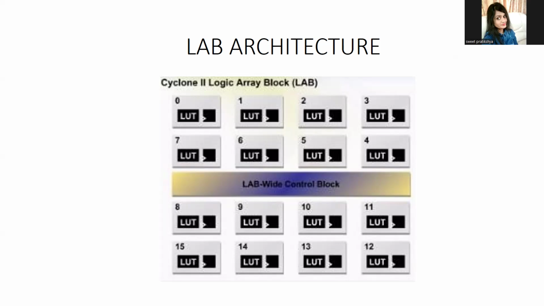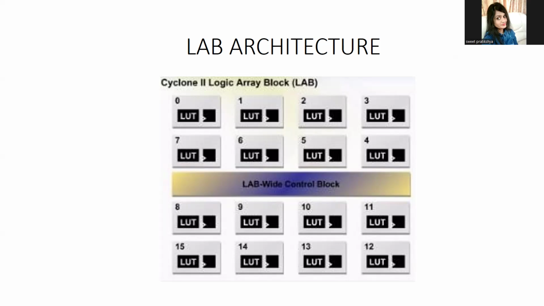Now, how will each LE be connected to another LE, because there are a lot of LEs in the LAB? So we have local routing resources in this LAB architecture, which help in communicating from one LE to another within and across the logic array blocks. When we program an FPGA, whatever code we write and dump into the FPGA gets mapped to LEs.